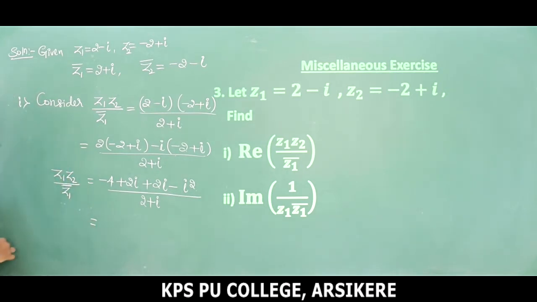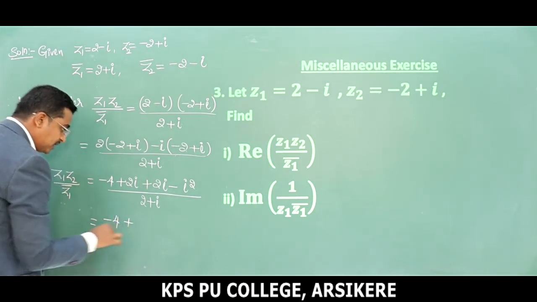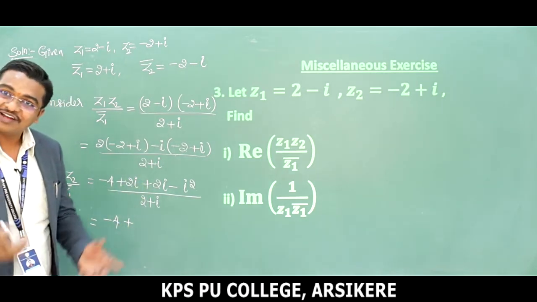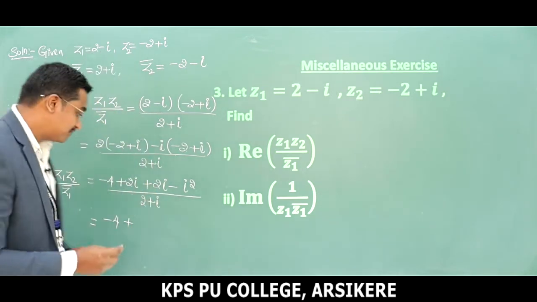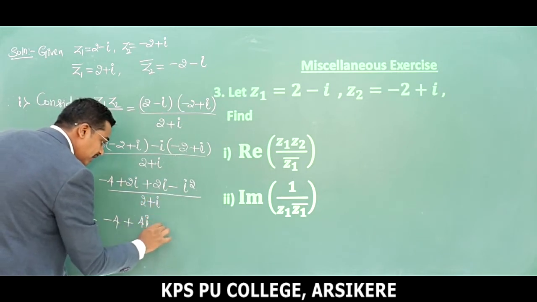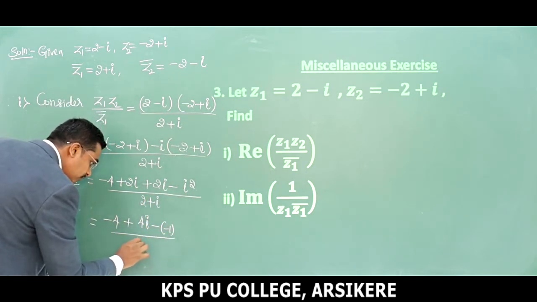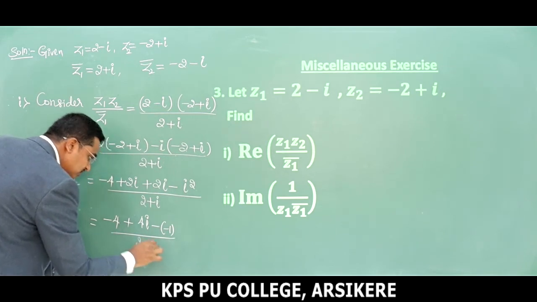Next simplification, look. Minus 4 write as it is, plus 2I plus 2I reduces as 4I. This is 4I minus I square, so the I square value is minus 1, whole divided by 2 plus I.